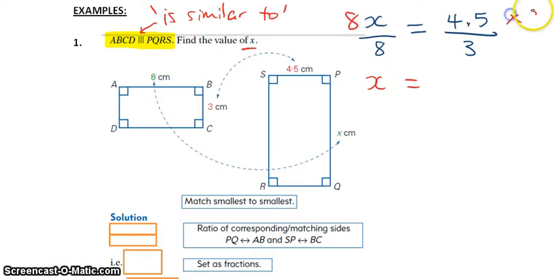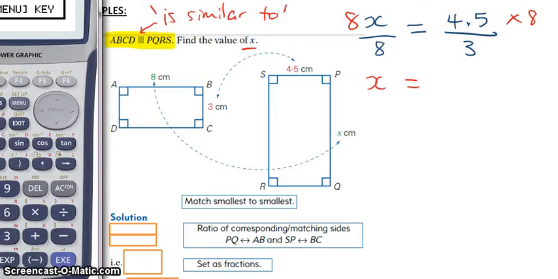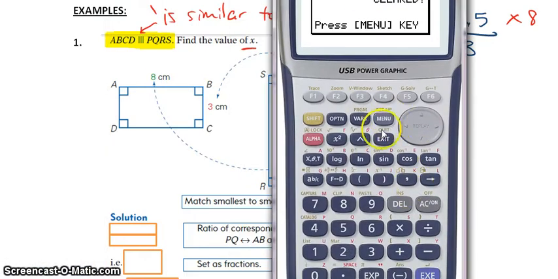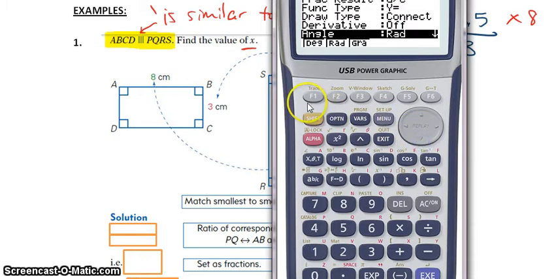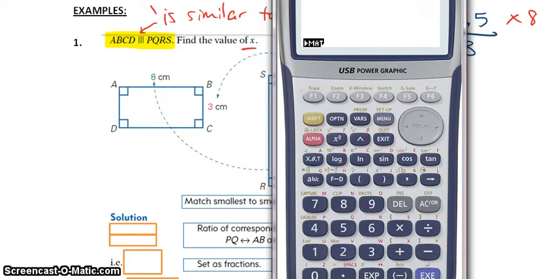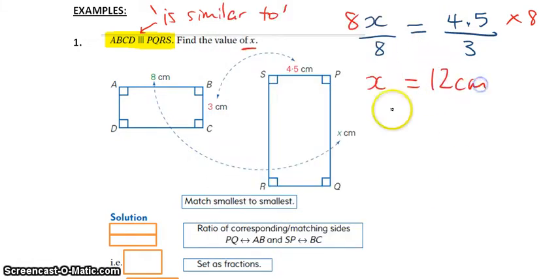Let me get my calculator. Make sure your calculator is in degree mode. I'm going to type in 4.5 divided by 3 equals, and then times that by 8, and I get 12. So x is equal to 12 centimeters from doing it that way.